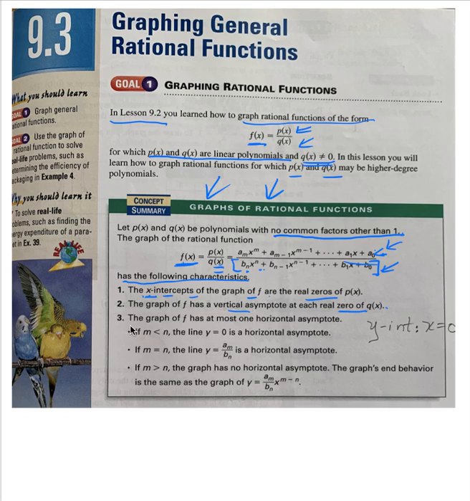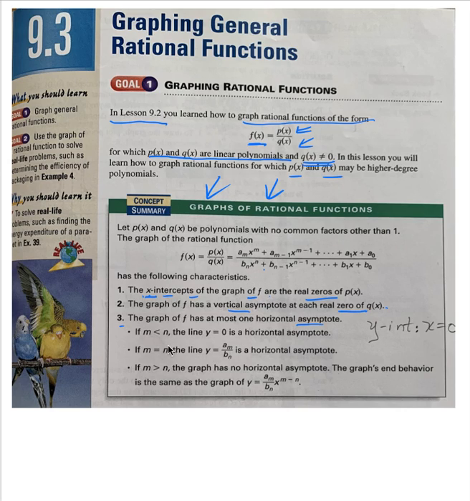All right, and then number 3, this has to do with the horizontal asymptotes. In section 9.2, you were looking at these in terms of either two linear functions, or a constant in the numerator and a linear function in the denominator.